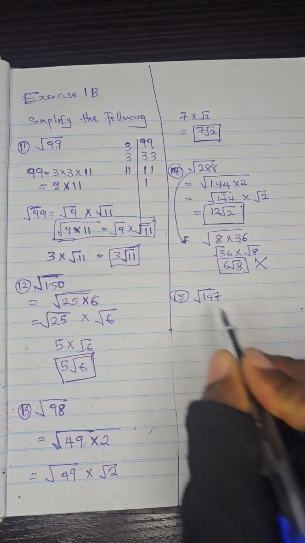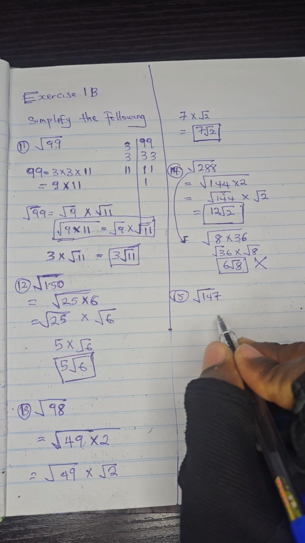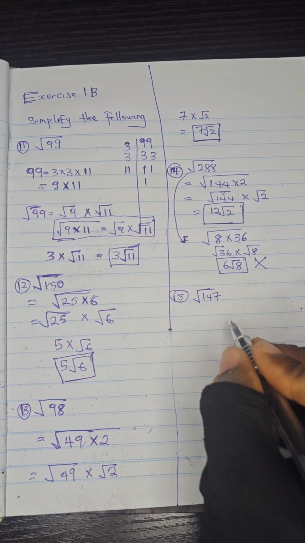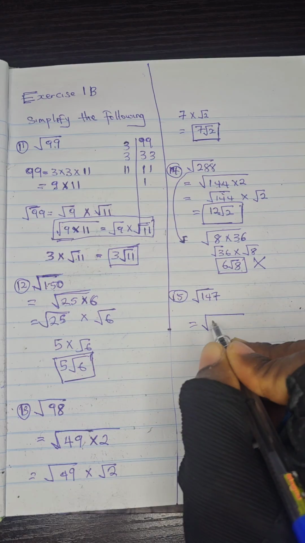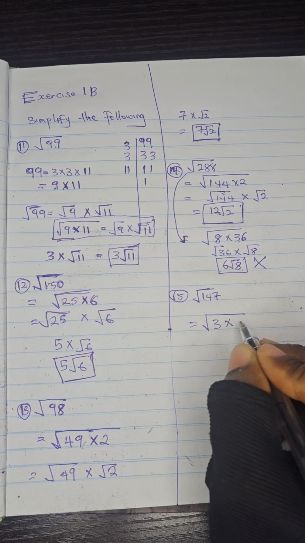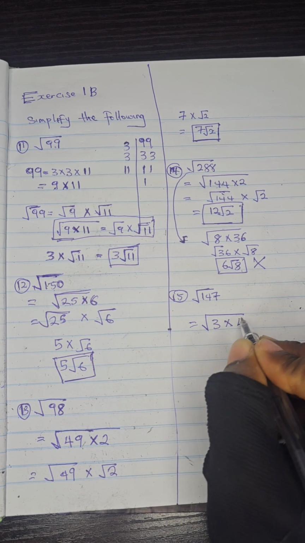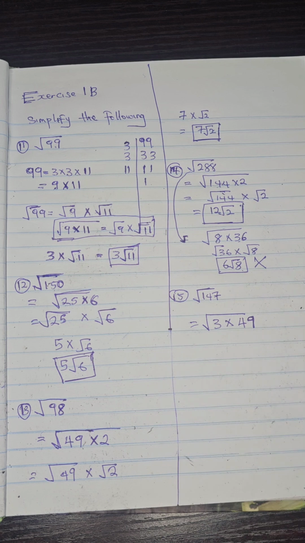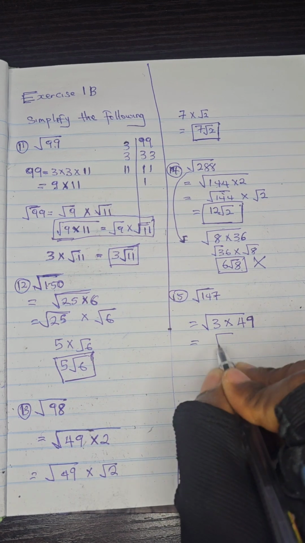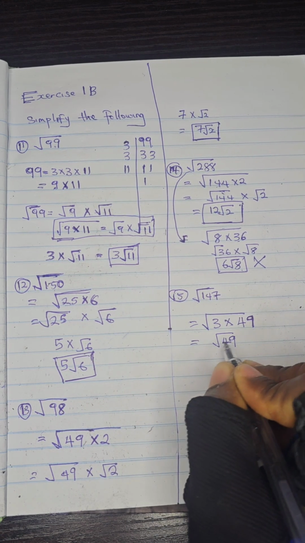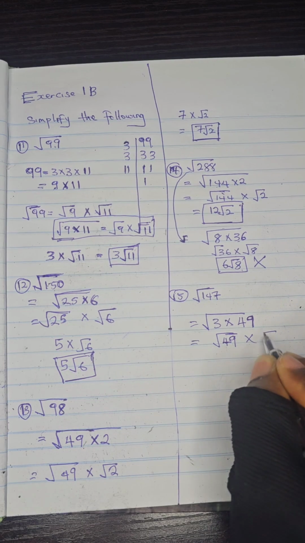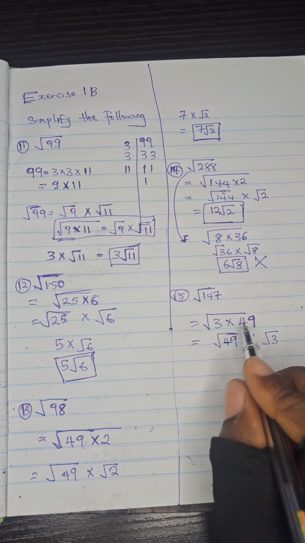So the final question is 147, which is still equal to 3 times 49. 49 is a perfect square. So this is equal to square root of 49 times square root of 3. Please, I know I'm interchanging this.